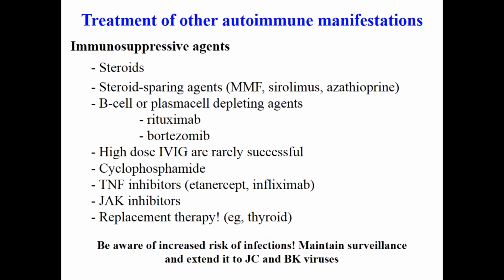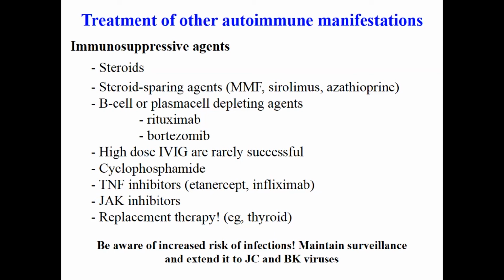Finally, in terms of other autoimmune manifestations beyond the cytopenias: steroids, steroid-sparing agents, again T-cell targeted therapy, B-cell targeted agents like rituximab, or plasma cell targeted agents like bortezomib. In this situation, high-dose IVIG are rarely successful. High-dose IVIG are really helpful mostly for autoimmune cytopenias, but not much for the other manifestations of autoimmunity.